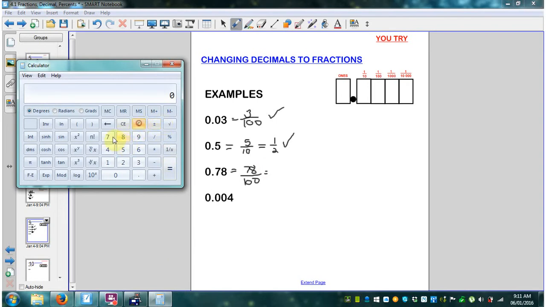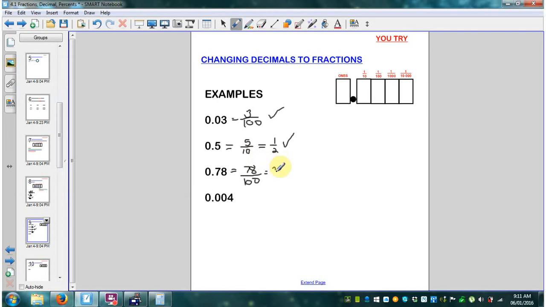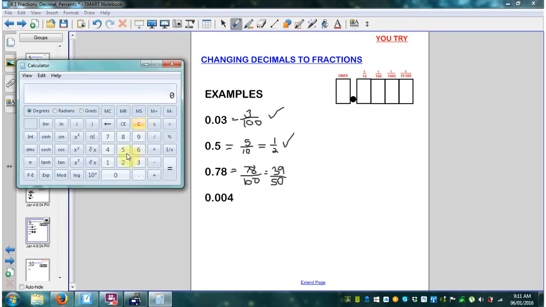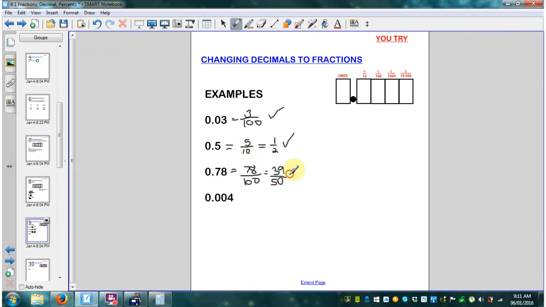Well, we know 78 divided by 2 is 39, and 100 divided by 2 is 50, so 39 over 50. I believe that's as simplified as it can go. Yes, it is, because 50 is not divisible by 3. Okay, so that's good.